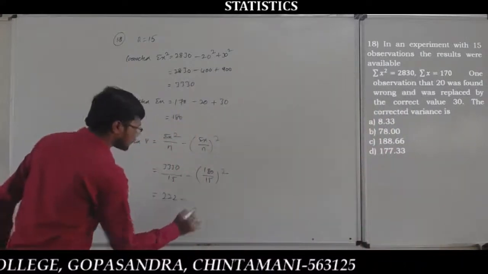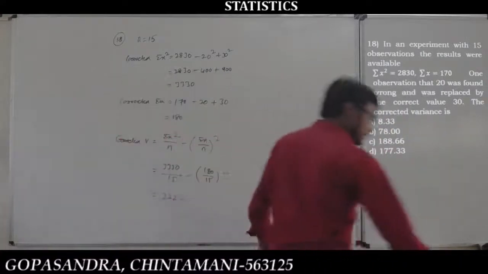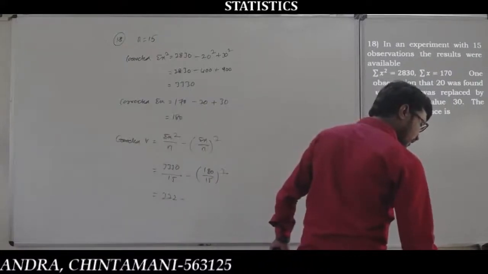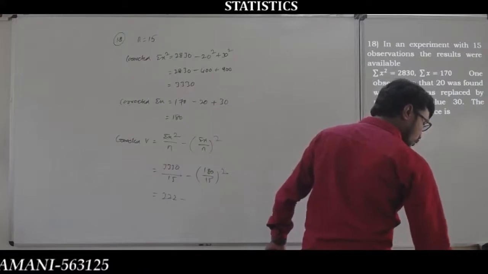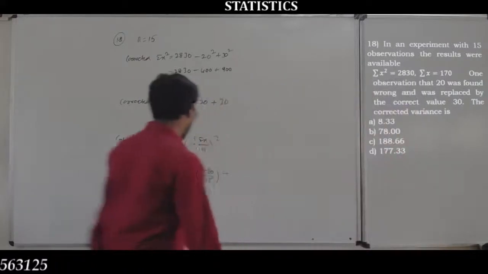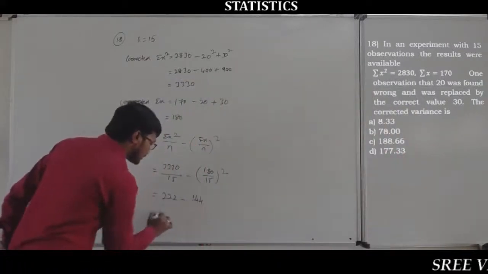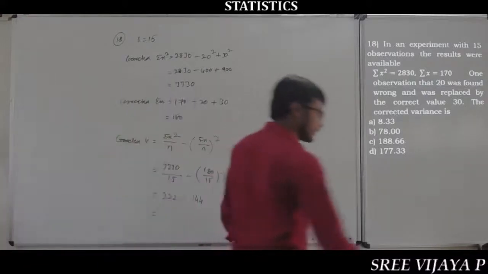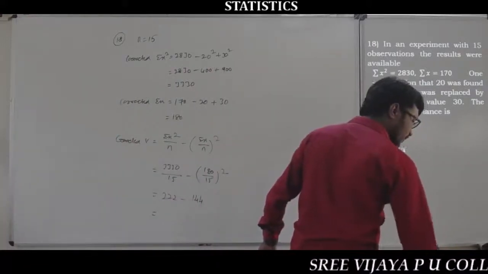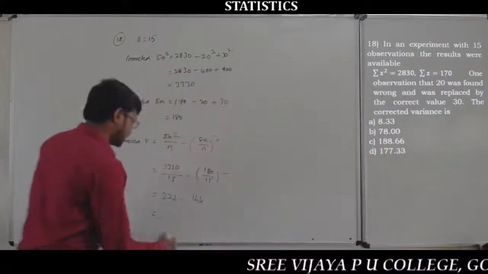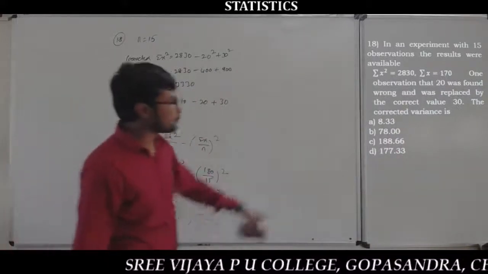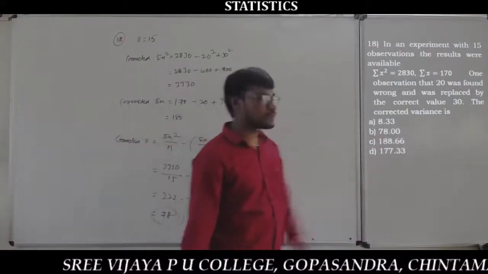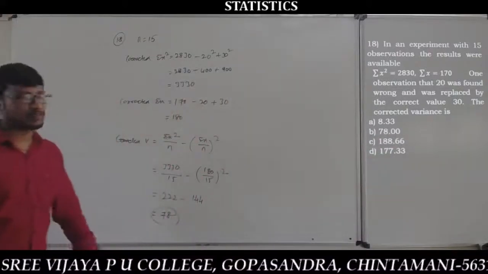This value is 222. So 180 by 15, you got 12. 12 into 12 is 144. So 222 minus 144, just subtract this value, you get 78. So this is the corrected variance. So option B, 78.20 or just 78, both are same.